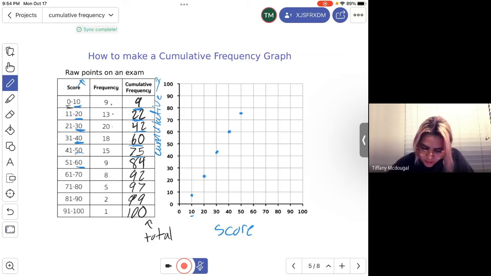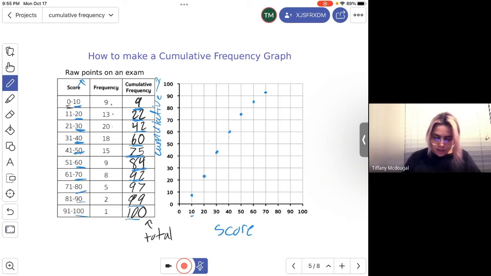So a little bit below the halfway mark here. 70, I need to graph at 92. So just a little bit above the 90. 80, 97. So a little bit here. 90, 99. So just right before the 100.